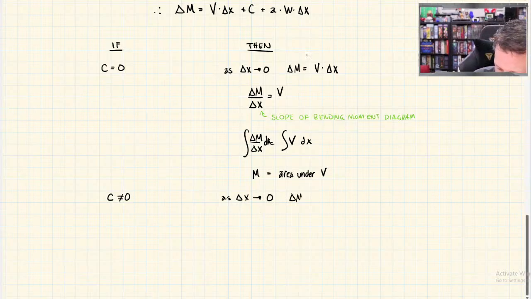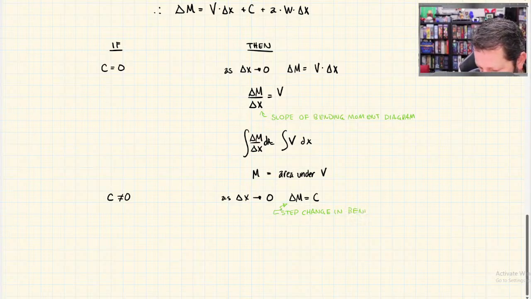So delta M equals C. So what that says is that there is a step change in the bending moment diagram, and that step change is equal to C.